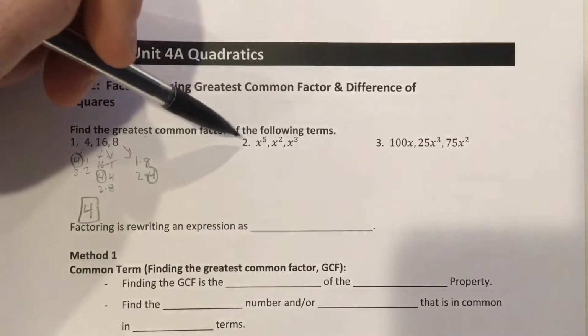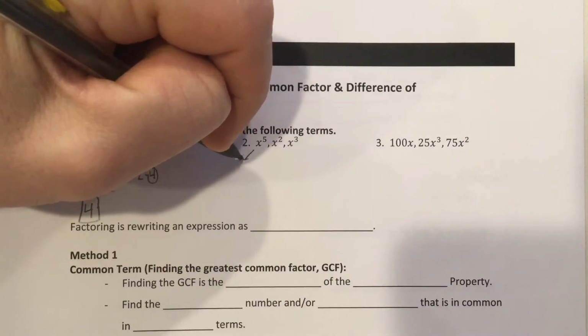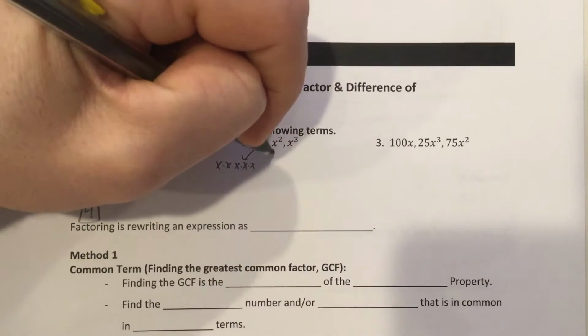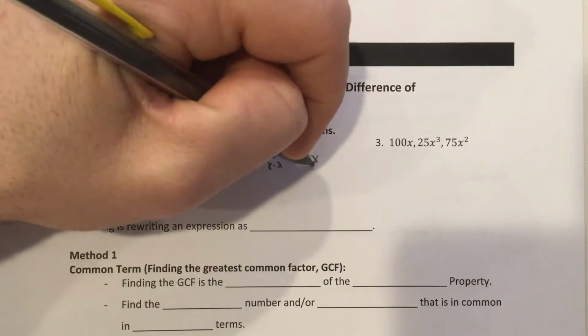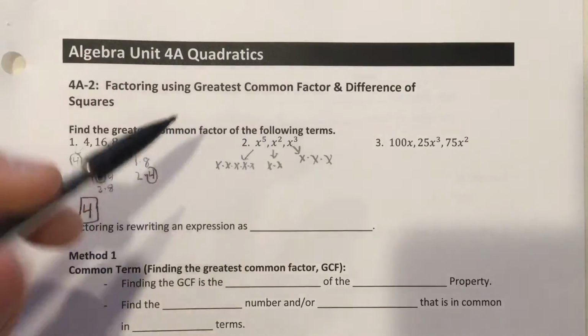If we look at number 2, now we're talking about variables. So remember, x to the 5th means x times itself 5 times. x squared means x times itself 2 times, and x to the 3rd means x times itself 3 times. So what do they all have? We're not looking at the exponents to divide, we're just looking to see what they all have.